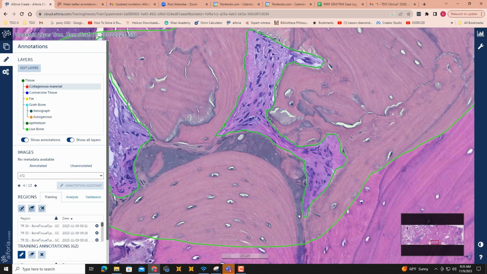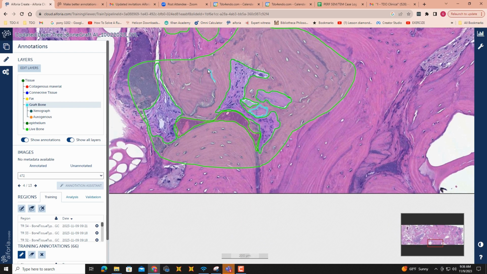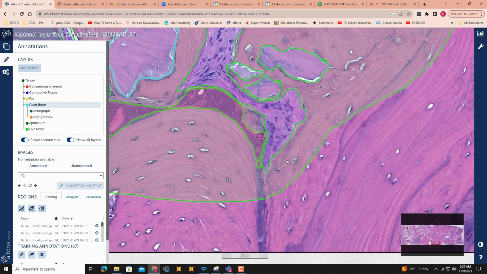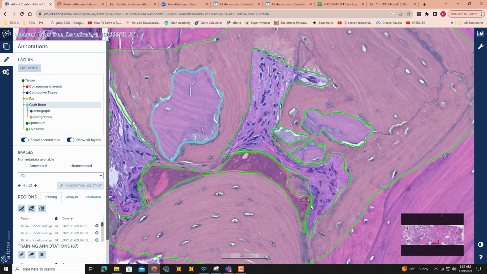So this is the process of what you do. It's fairly labor intensive, and you do it on hundreds of images. I have hundreds of bone graft images, so I have plenty of images to actually look at and refine the algorithm that it eventually uses to read histological slides, and it can assess that slide.